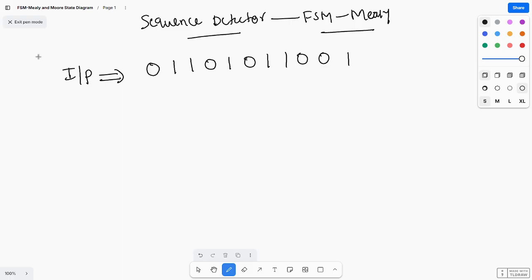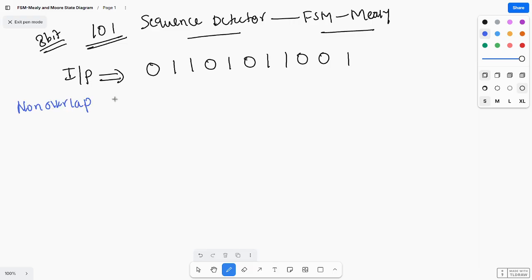So what does a sequence detector mean? I want to detect a 3-bit sequence, 101. So first, let us take non-overlap.